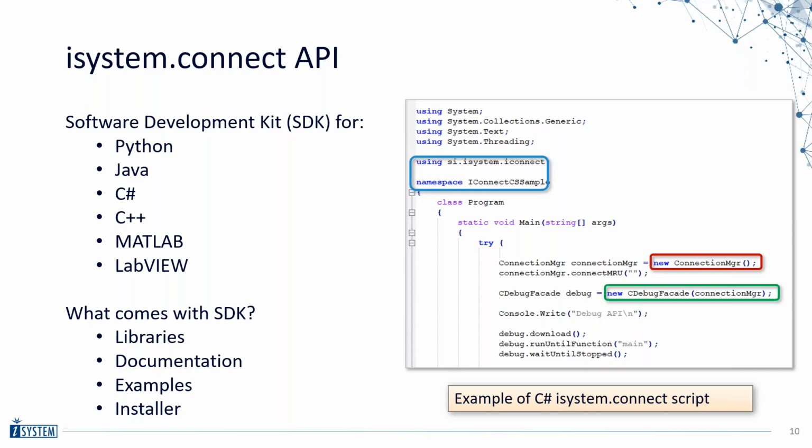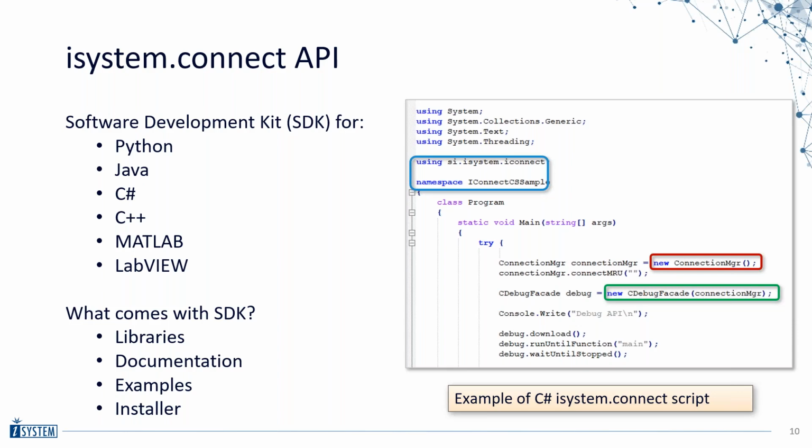So you can start fast with some examples and start coding immediately, and you'll also get the installer. For instance, for Python, what you need is your Python installation, like Python 3.6, and then you install our isystem.connect API, and you copy the isystem.connect DLLs as a site package to the Python installation.